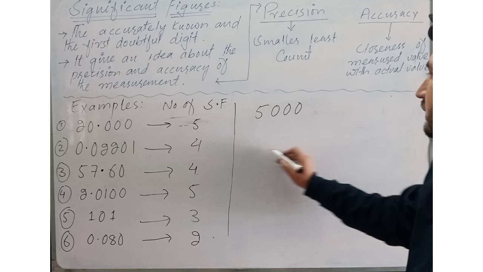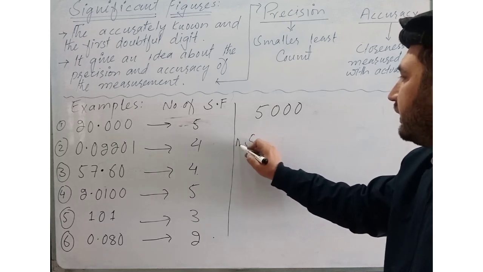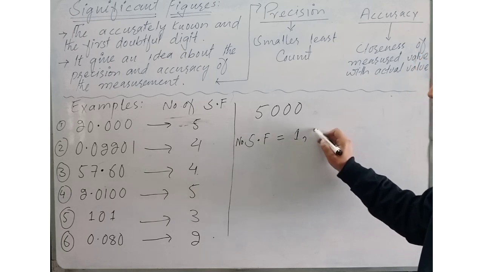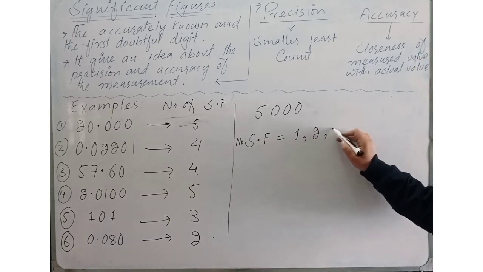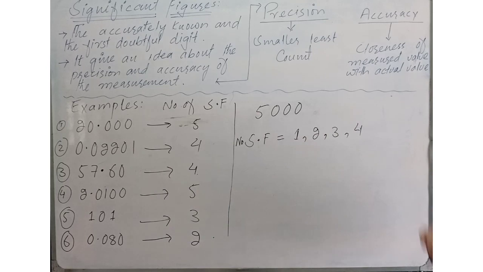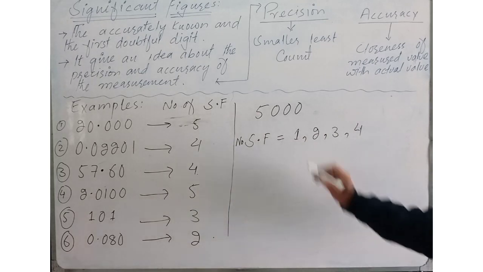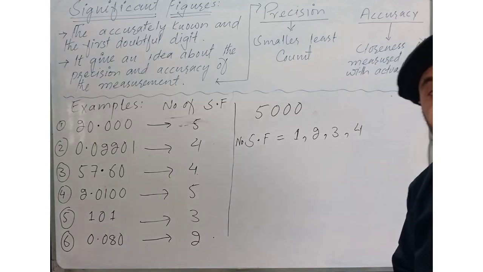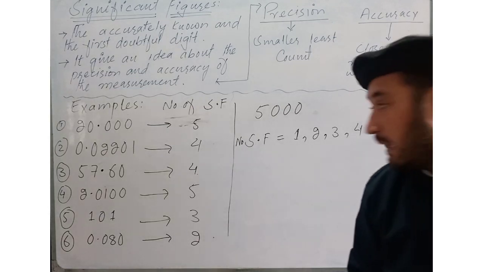The number of significant figures can be 1, it can be 2, it can even be 3 or 4. Now how are we going to find whether the number of significant figures is 1, 2, 3 or 4? For that we have to look at the measuring instrument and its least count.